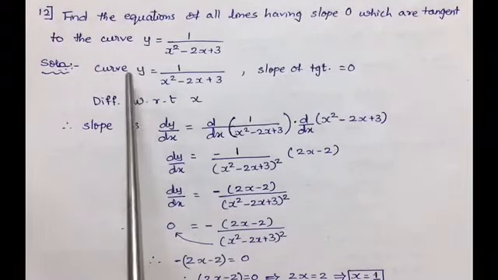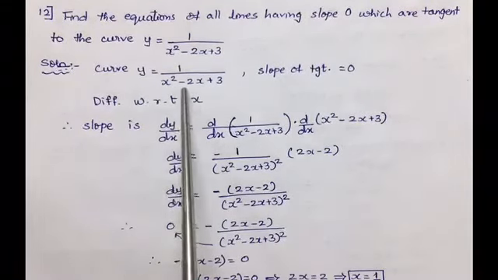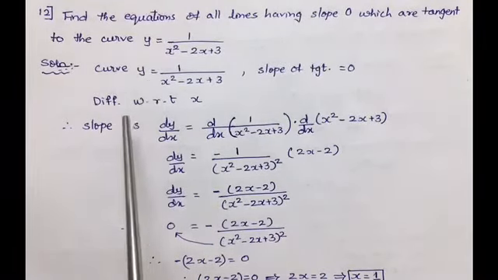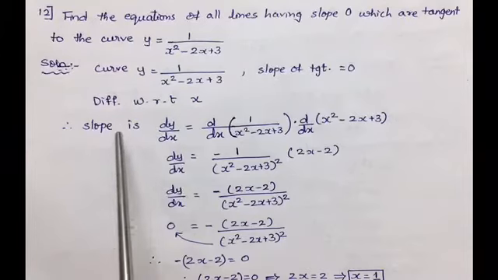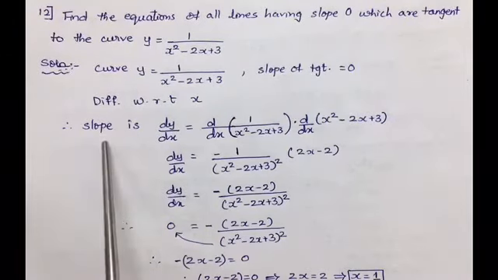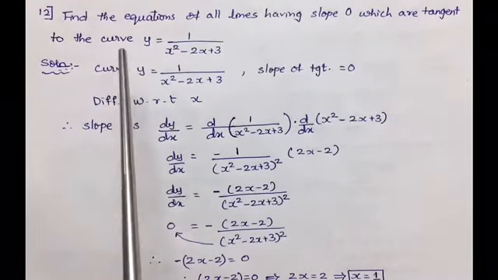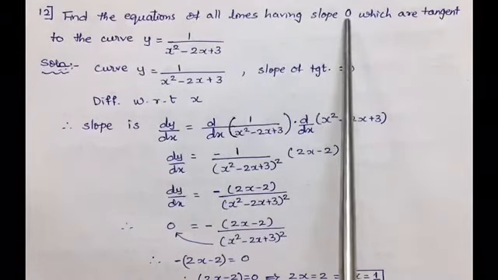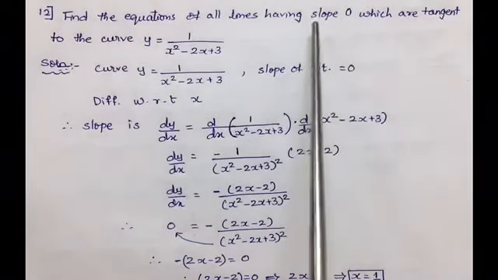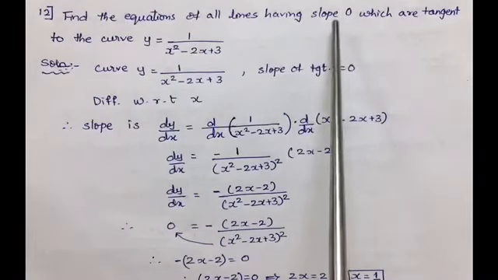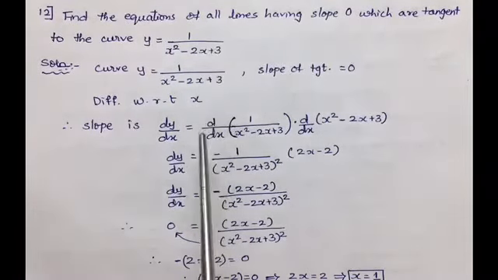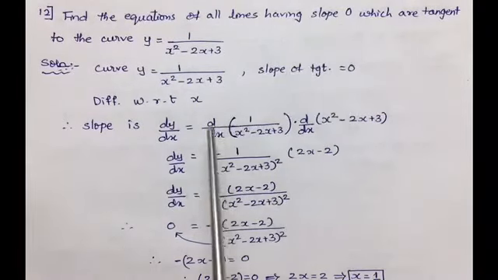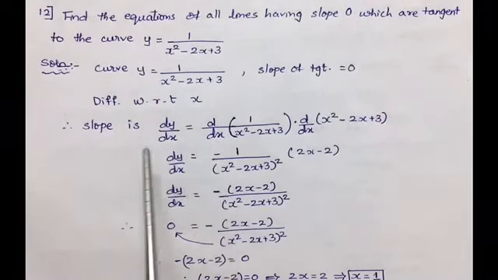We need to calculate the slope of tangent by differentiating the curve equation with respect to x. That also gives us slope of tangent, because to find the equation of the lines we need slope which is given and the points are needed. Points are not given, hence by equating both the slopes we will be calculating the points.